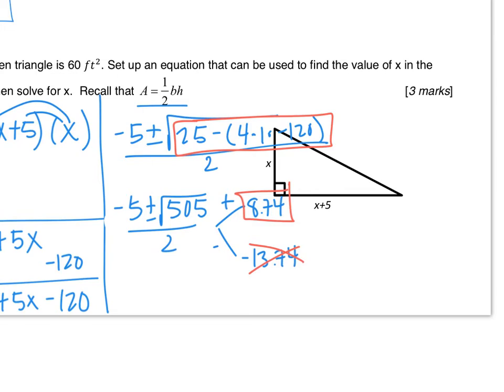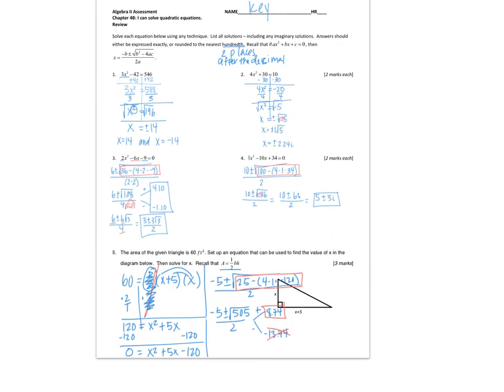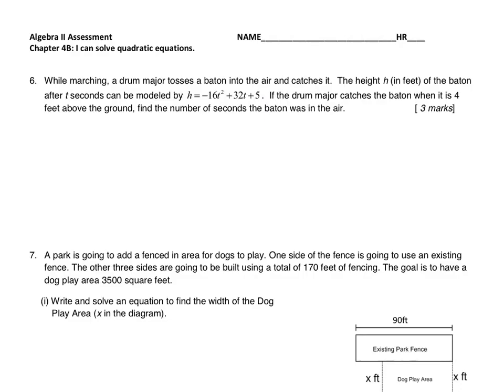Okay, a couple more questions here. So here's our first page, moving on to the next page. While marching, a drum major tosses a baton into the air and catches it. The height, h, in feet of the baton after t seconds can be modeled by this equation.